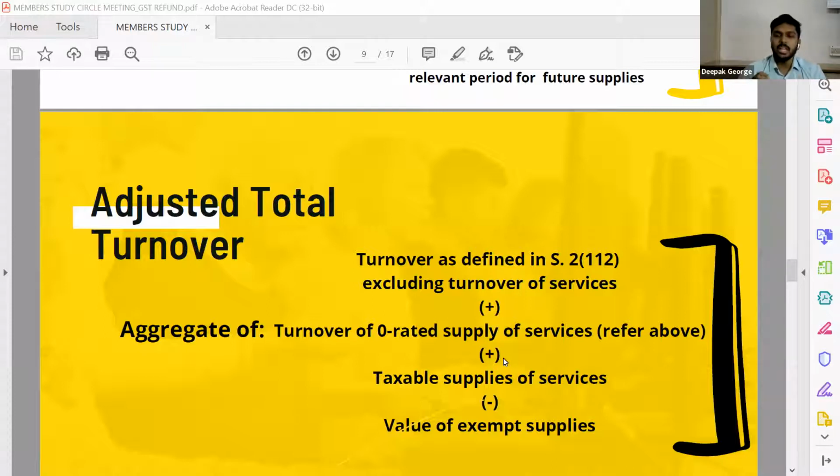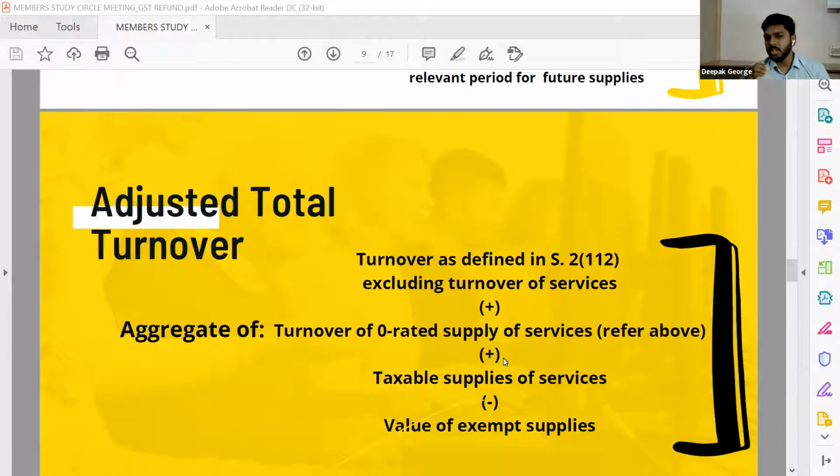So specifically, the rule has deducted value of exempt supplies, because it is not right for you to claim ITC in respect of such supplies. You have to basically claim ITC of 0 rated supplies, which are basically taxable. 0 rate is nothing but taxable, but at 0 rate, and other taxable services.